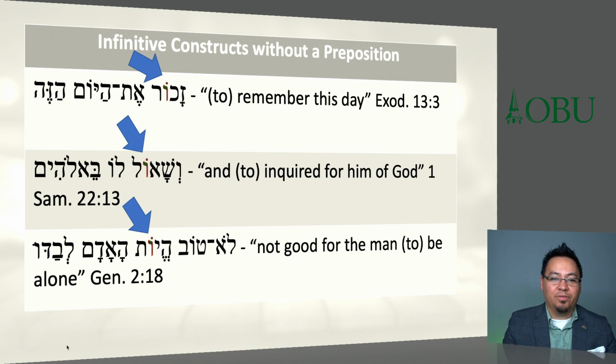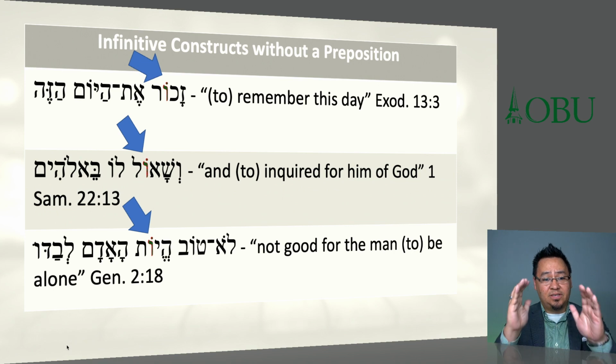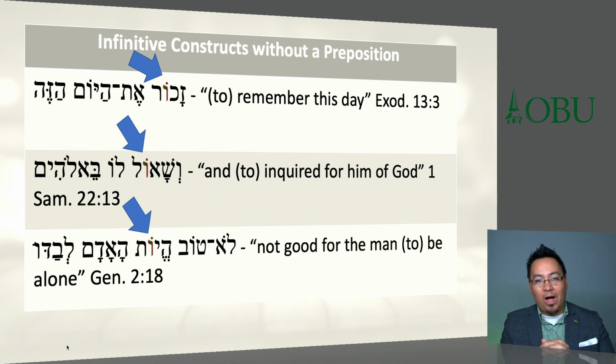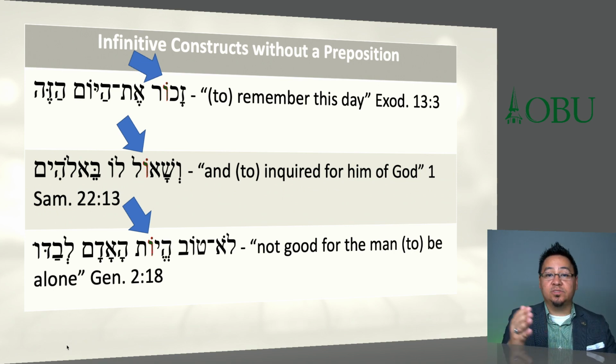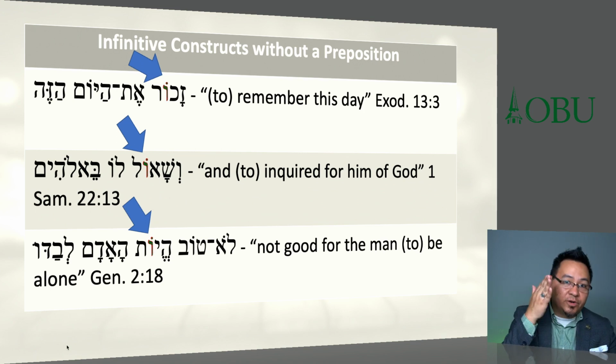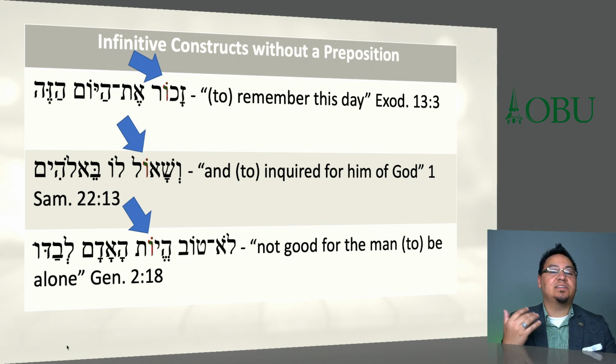To remember this day. Notice in parentheses, to. Why? Because of the O: zakar, the three letters, the zayin, the kaf, and the resh, that is to remember, or remember alone. That is remember in the dictionary. Whenever we put the O above the vav there in that second position, so it's pushed the third over and stuck it in there, that tells us it is an infinitive construct, okay?